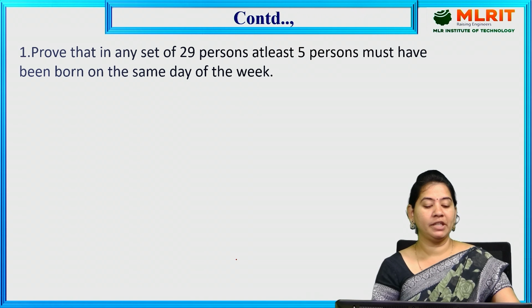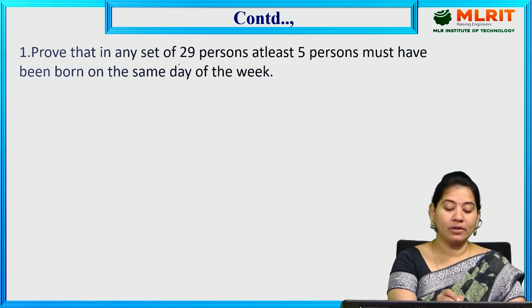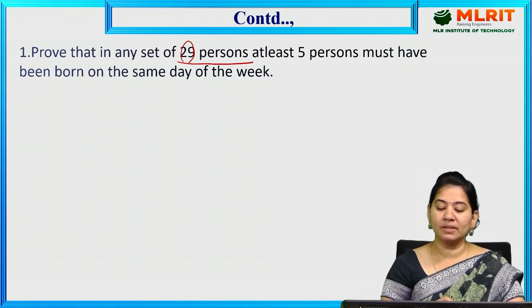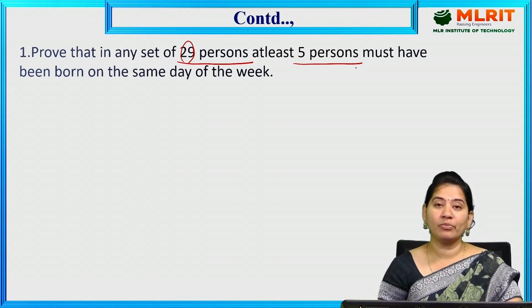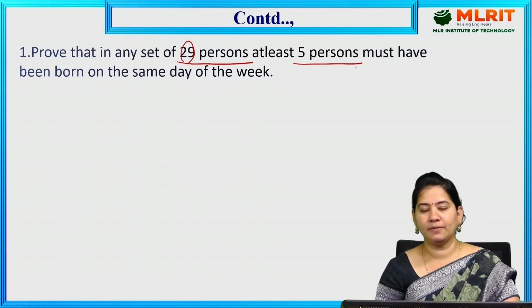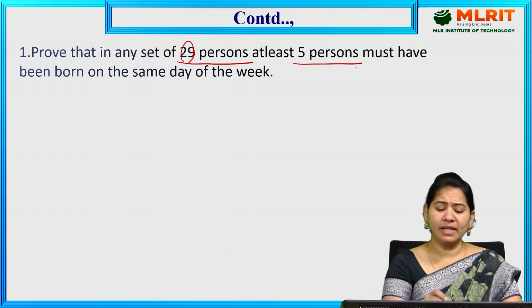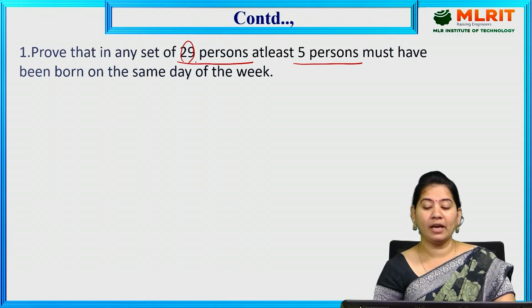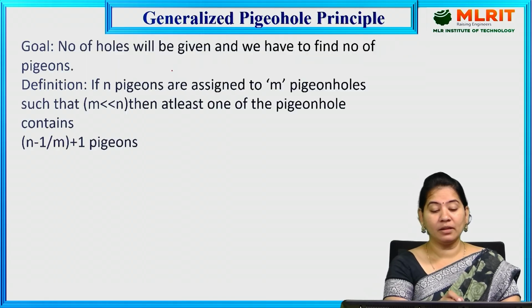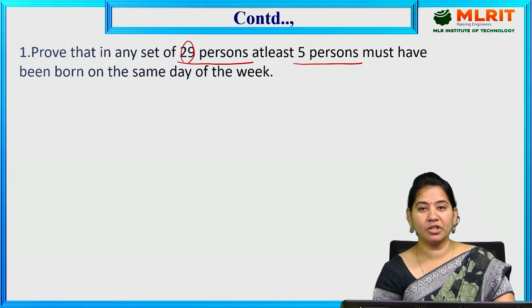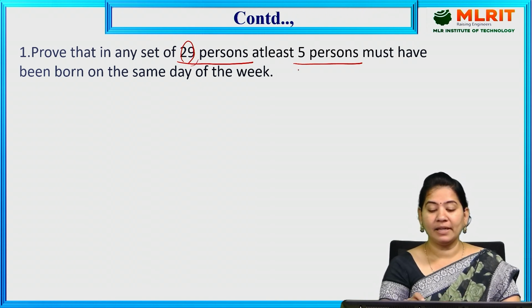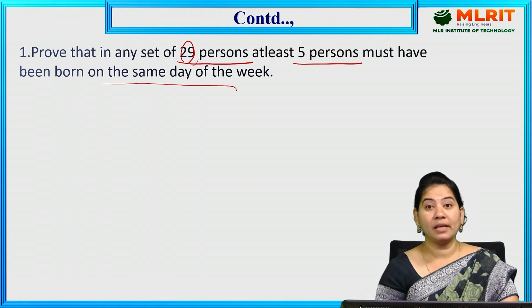The first question: prove that in any set of 29 persons, at least 5 persons must have been born on the same day of the week.